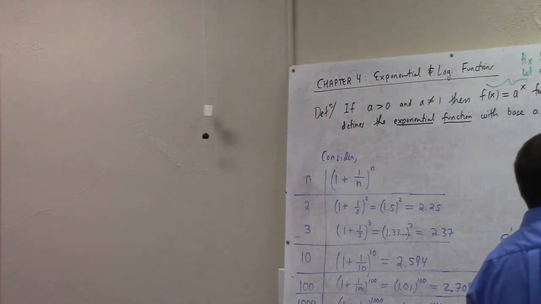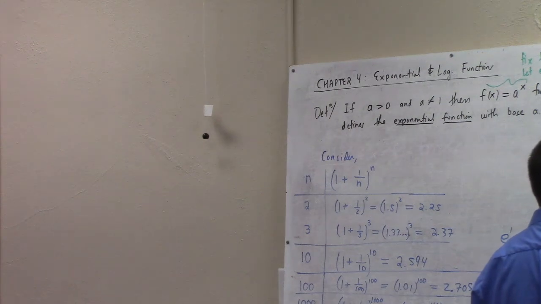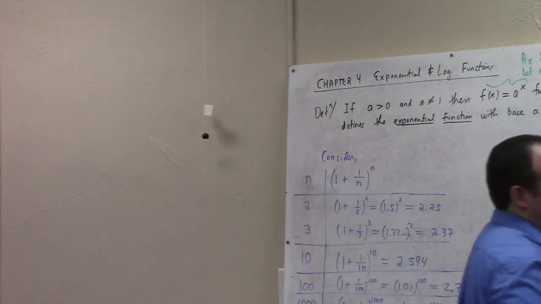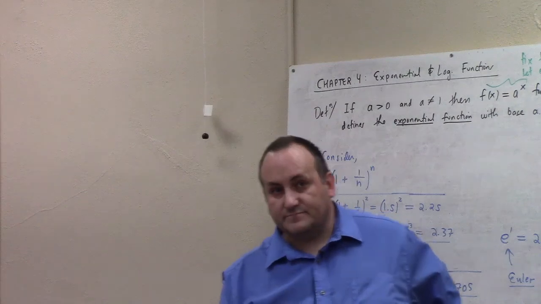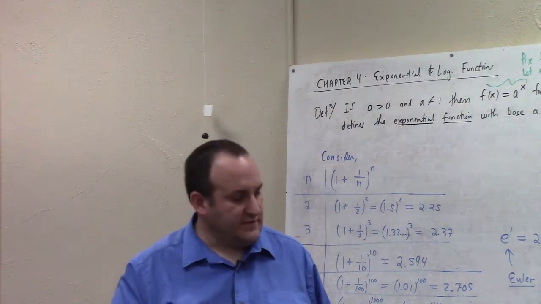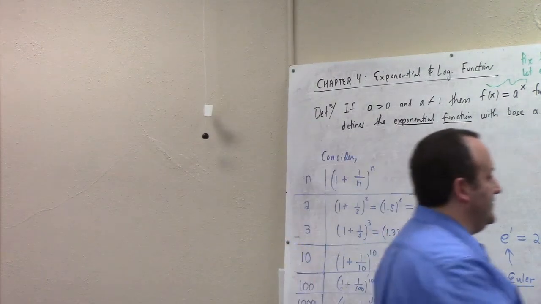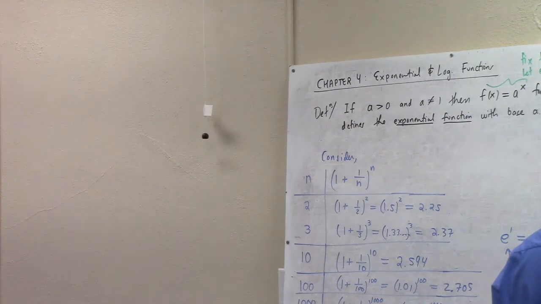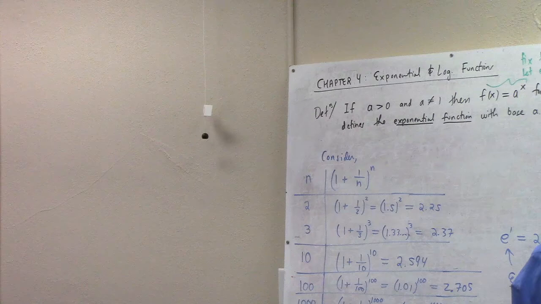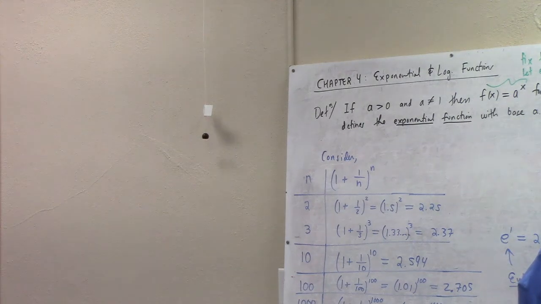We want to calculate A of t, and t is in years, right? So how many years is 6 months? What's that? A half, right? So t of 0.5 is what we're interested in. And so we've got 10,000 times what? Times 1 plus what was r?